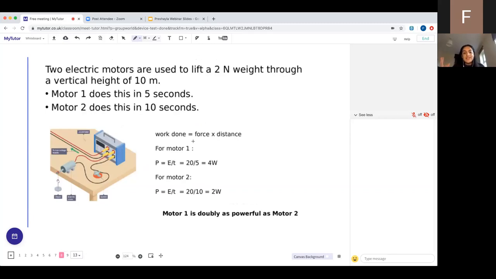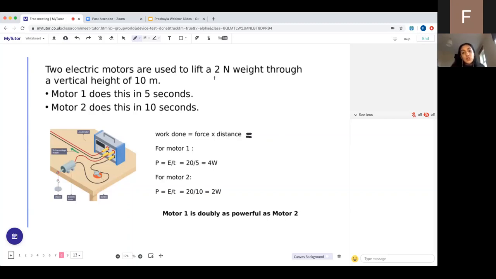So let's compare our motors. The first thing we need to find out is work done. Now, you may or may not know this equation depending on how far you've come in your physics GCSE, but the equation for work done is force times distance. So we know that work done in both scenarios with both motors is force times distance.